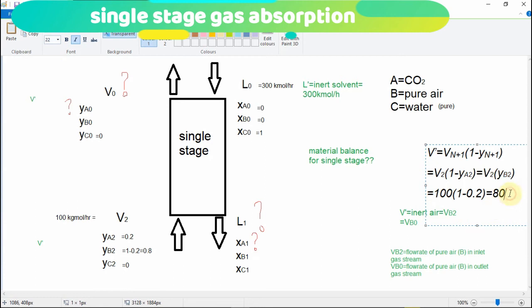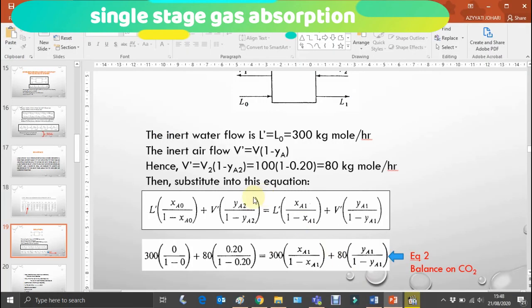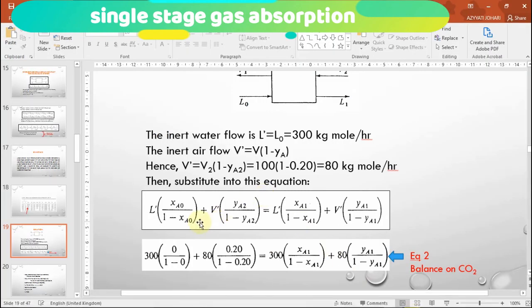So as you know, this 80 is your V prime value. You just need to substitute this V prime inside the material balance for single stage gas absorption that you already took from your appendix. So put the 80 value in here and in here.